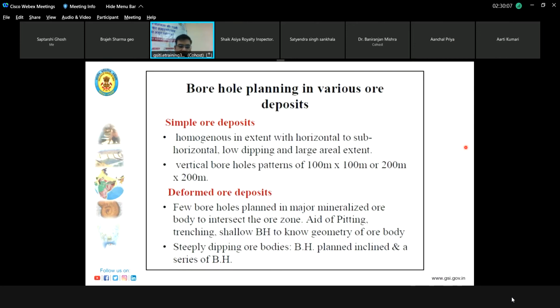If it is deformed, then a few boreholes are planned in the major mineralized zone body to intersect the ore zone, and then shallow boreholes to know the geometry of the ore body. If it is a steeply dipping body, then boreholes are planned inclined, and a series of boreholes will be done in that area to know the strike continuity and the depth persistence.